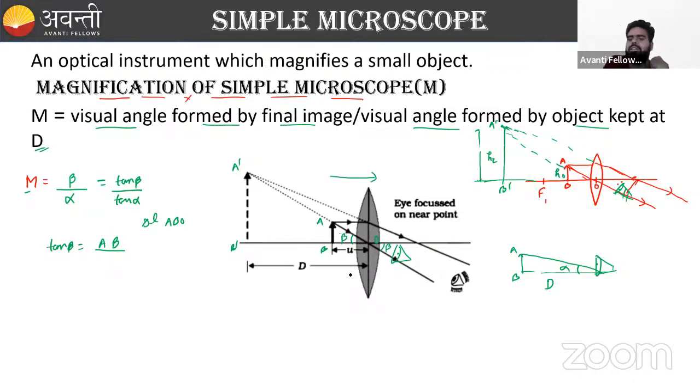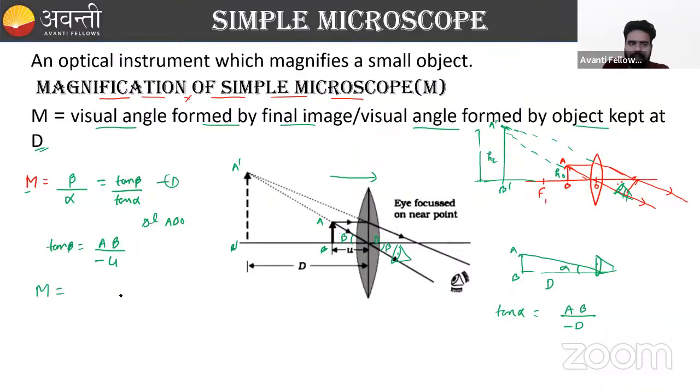Since it is in the opposite direction of the incident ray, this is nothing but minus U. Say this is equation 1. And second, we also have to find the value of tan alpha. So here tan alpha is nothing but AB upon minus D. So guys, if we put the values of beta and alpha in equation 1, what is the magnification?